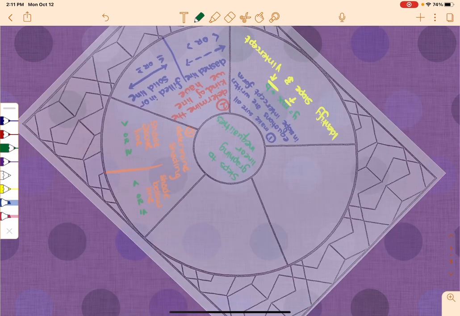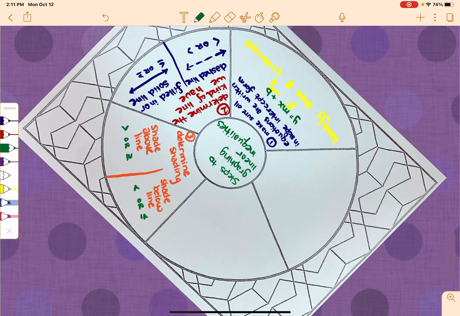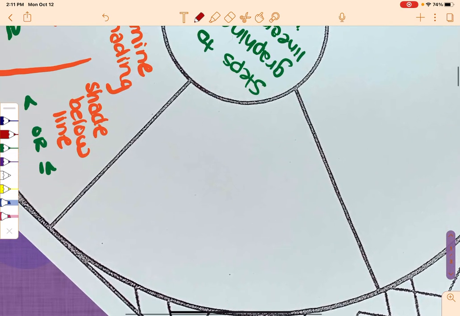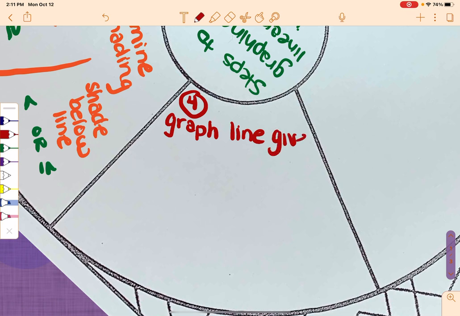Okay, let's go to the next one. So step 4, we're going to graph whatever line they gave us. And we are either going to use the dash line that we think it is or the solid or filled in line that we think it is.